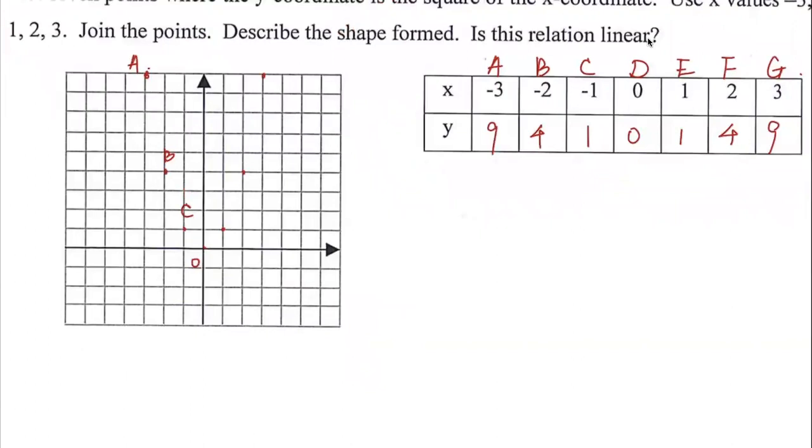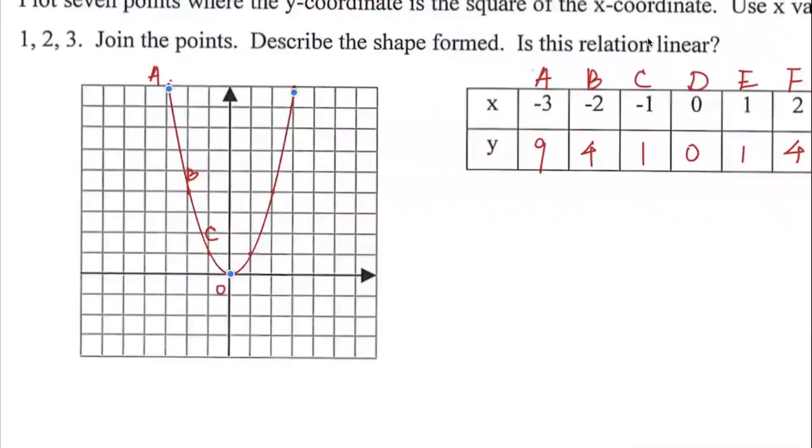Okay, so if we join all the points, we'll have a graph that looks like this. This is really hard to draw, so I might need to do some minor modification. This is kind of like cheating, but I need to show you what it looks like, right?